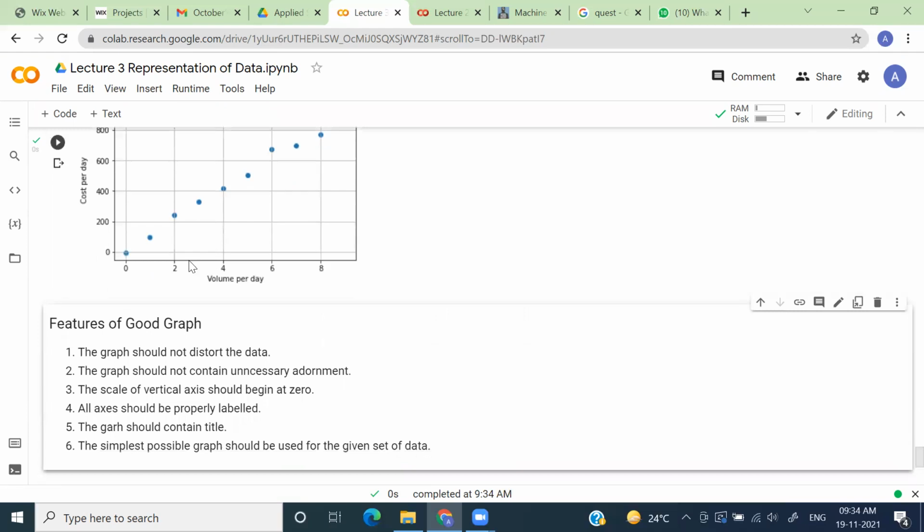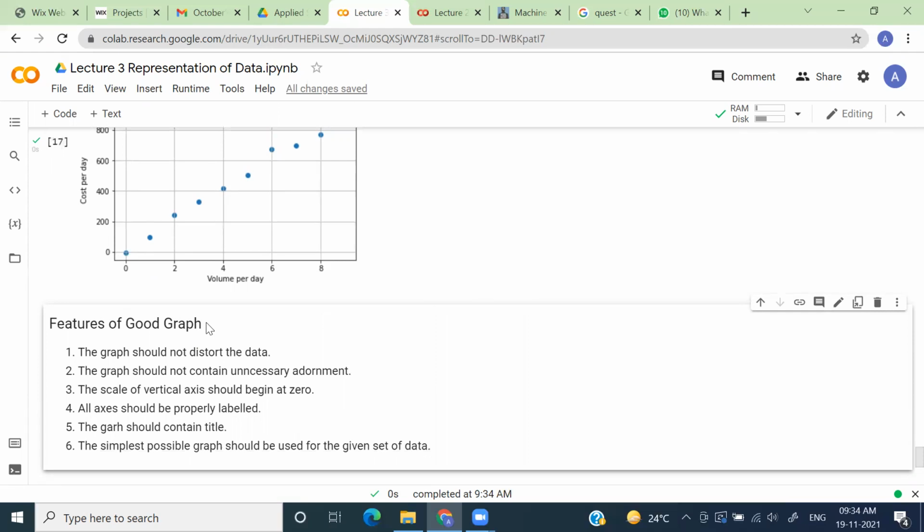All right. Now, before we jump to the next part, let me give you some tips that you should keep in mind while making a plot. The very first thing is, always make sure that you don't distort the data.